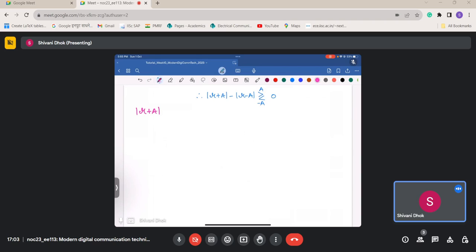This is equal to minus of r plus a if r is less than minus a, and it is equal to r plus a if r is greater than or equal to minus a.